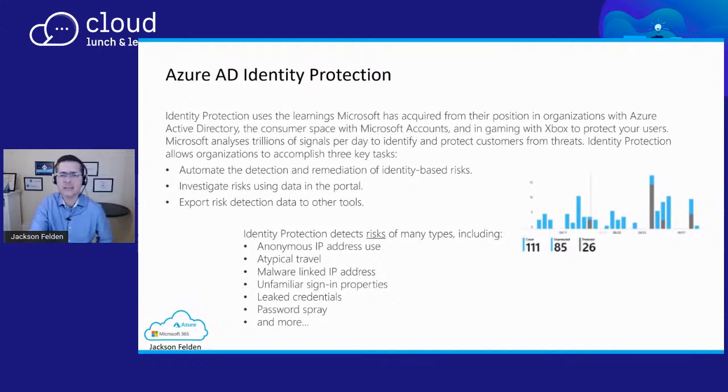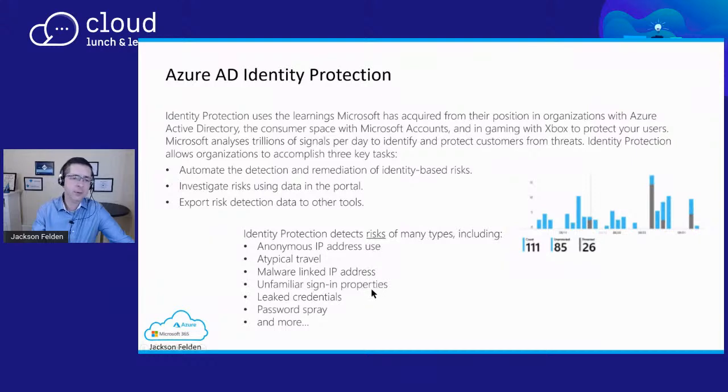But the good thing is, some of the things I already told you, from atypical travel login, maybe anonymous IP addresses, if the guys are trying to log on from bad VPN systems, the system can detect and flag those users as high risk.